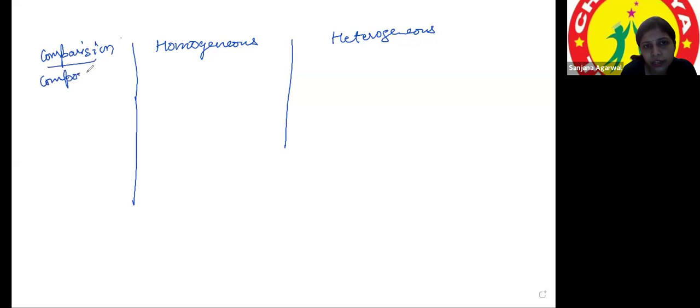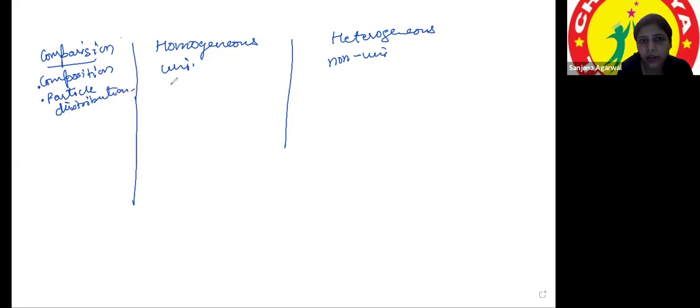You can just add a column here. Composition: homogeneous, heterogeneous. Sorry, uniform and non-uniform. Okay, next point, write down particle distribution. Now write down homogeneous. In homogeneous, it is even, and in heterogeneous, it is uneven.